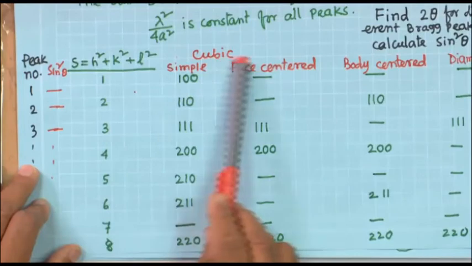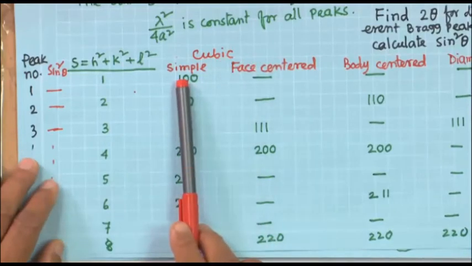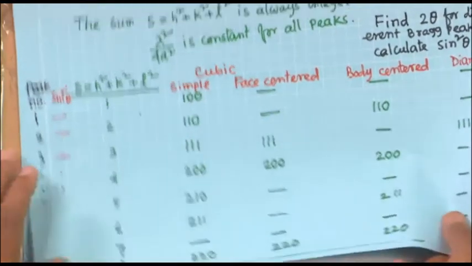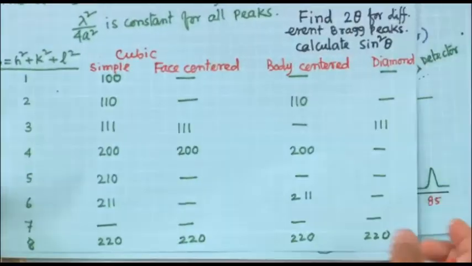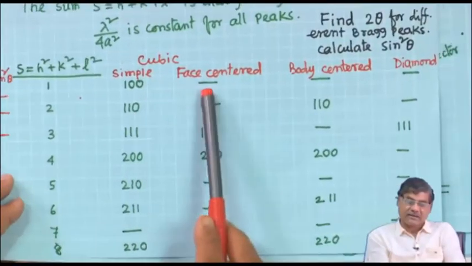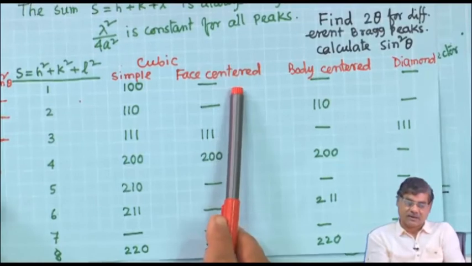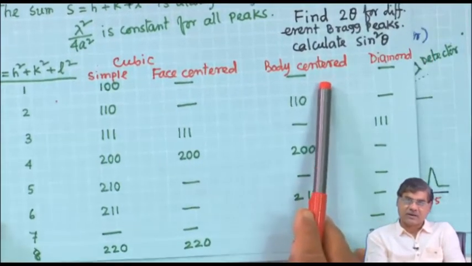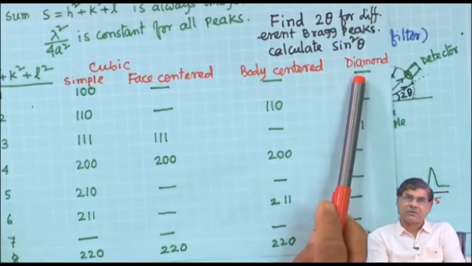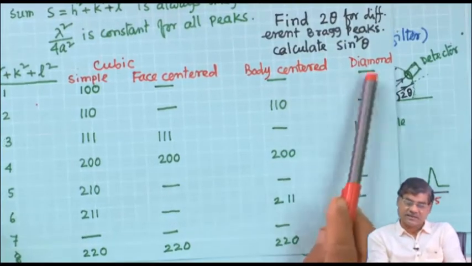So, in cubic there are basically 4 categories. One is simple cubic, another is face centered cubic, then body centered cubic, and another, diamond, in the cubic system.